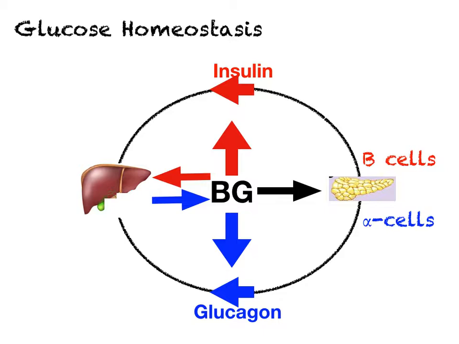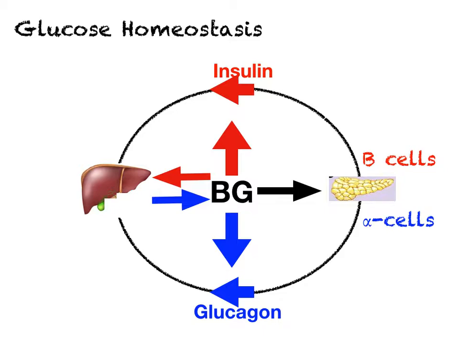And of course, once the blood glucose is higher, glucagon will be decreased by alpha cells again.